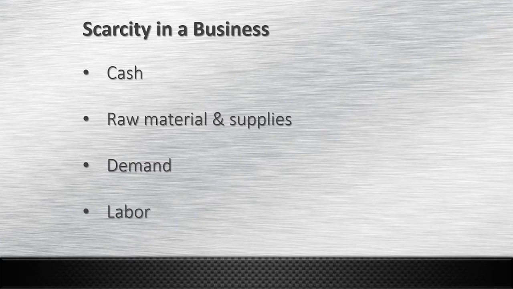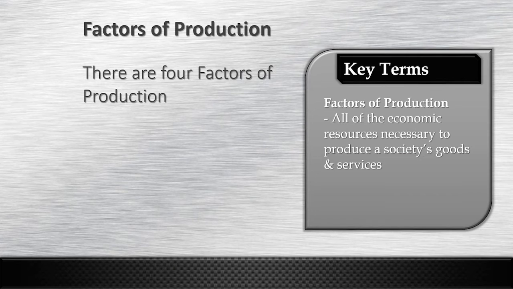You want them to demand your product. Also, labor can be something that's scarce. You can't always find the right people to do the job, and sometimes you have to make some cuts or make some sacrifices.